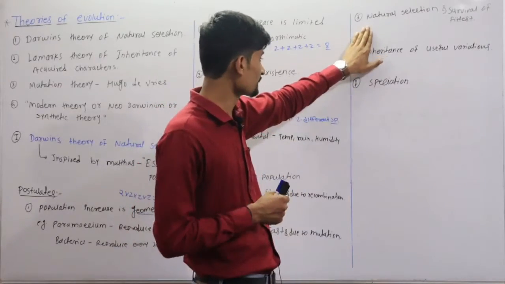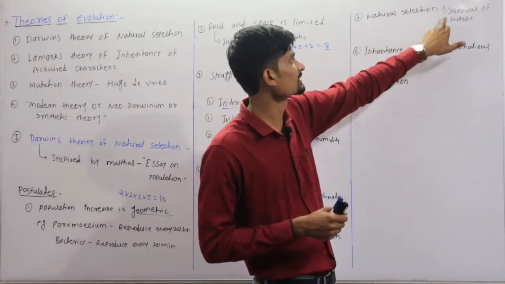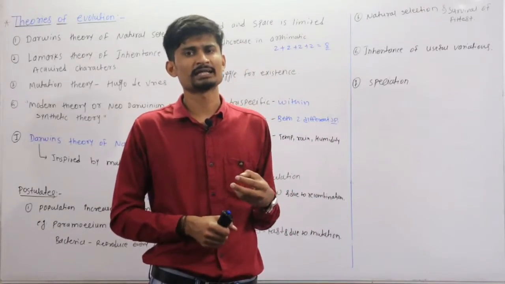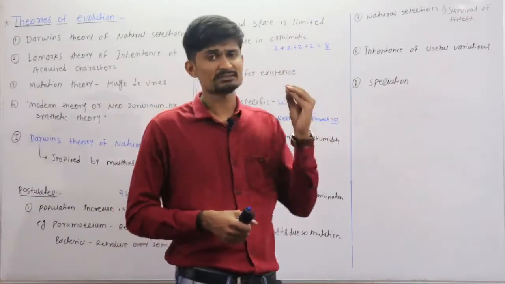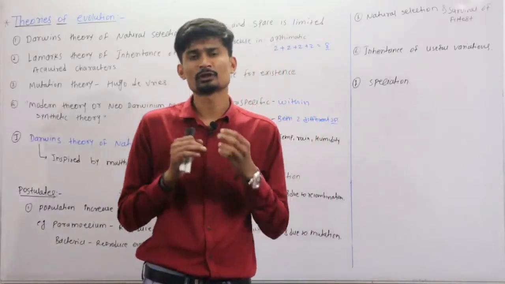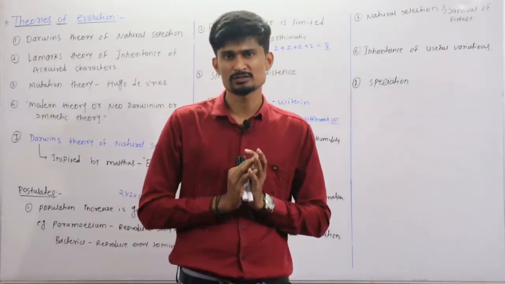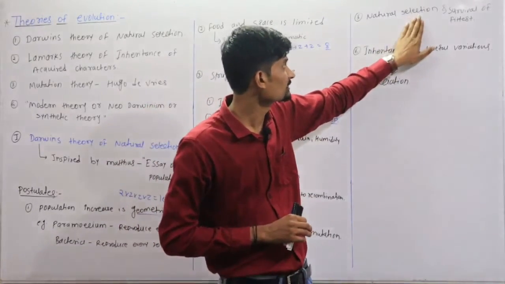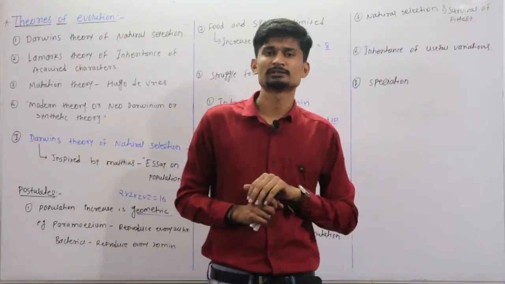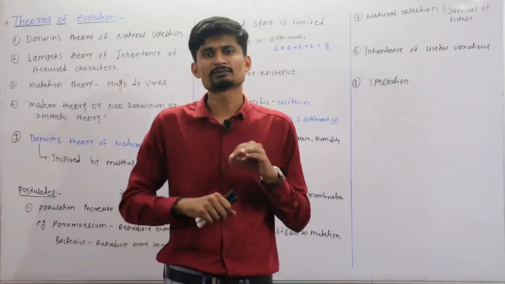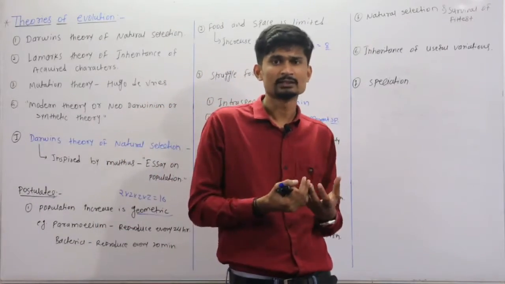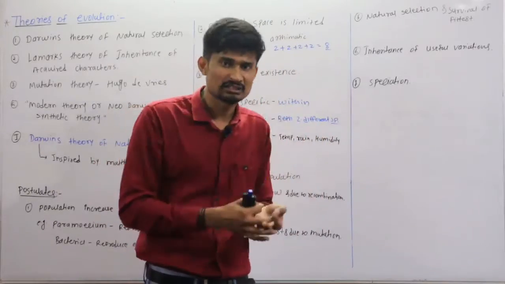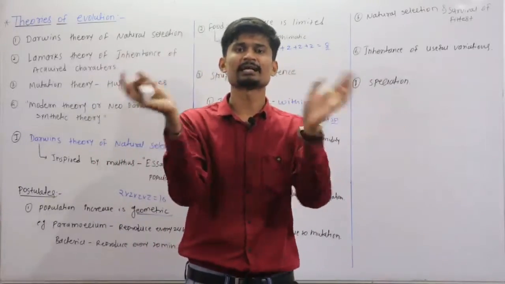Next important one is natural selection and survival of the fittest. Darwin explained that nature selects the organisms, or nature selects the particular species. But the selection is according to the survival of the fittest, meaning those organisms that are fit for survival in nature. Only those organisms does nature select. So these two things are interdependent.